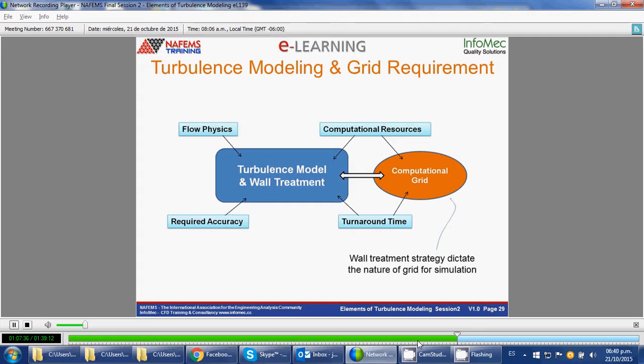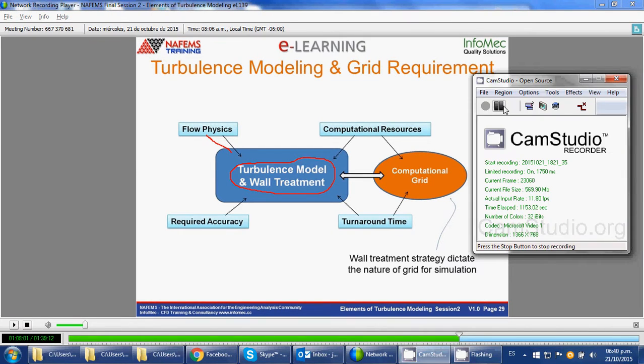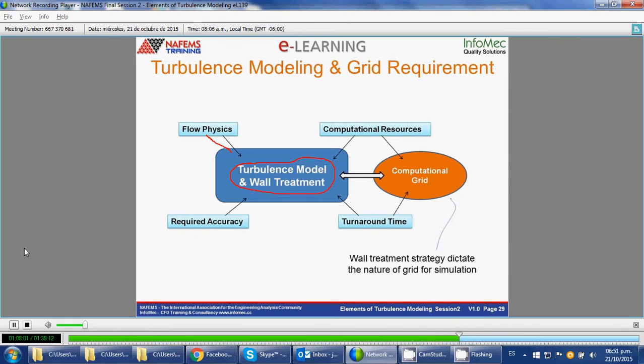So if you look at turbulence modeling and what kind of grid you need, it's really complicated, or I should say not complicated, but interdependent. So the turbulence modeling that you choose, along with the wall treatment you choose, really depends on flow physics and what kind of accuracy you're looking for, and then the computational resources available to you.